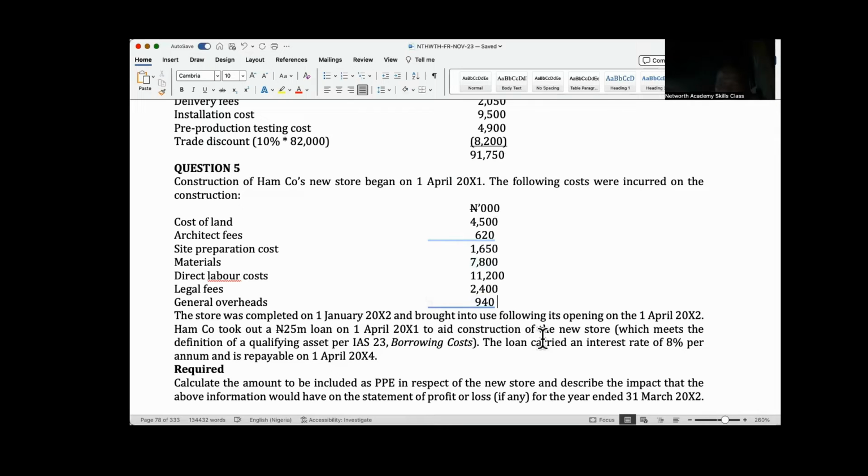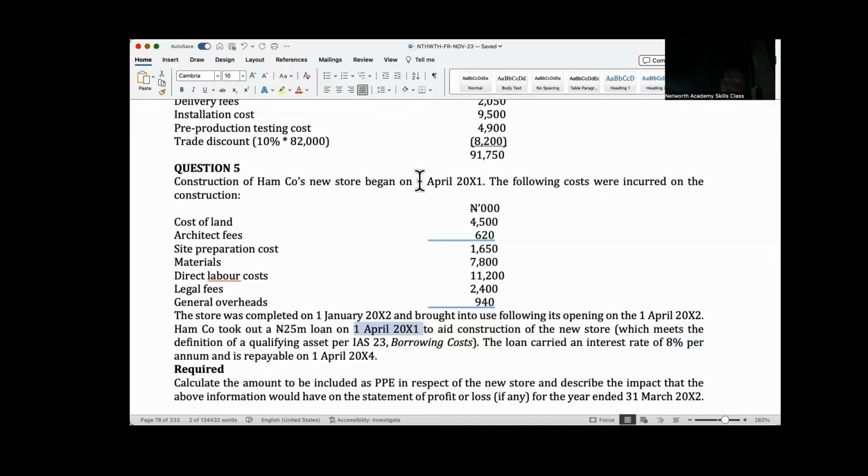That's correct. So remember, they took out a loan of 25 million and they are paying interest of 8% per annum. Can you help me do 8% of 25 million? Or just make it simple, do 8% of 25,000. Remove those 3 zeros. That gives me 2,000. But that is the interest for year one. However, we took out the loan on 1st April.